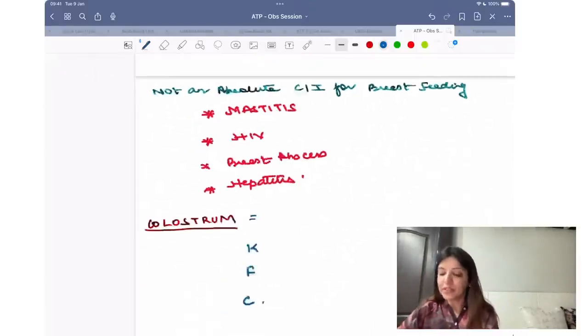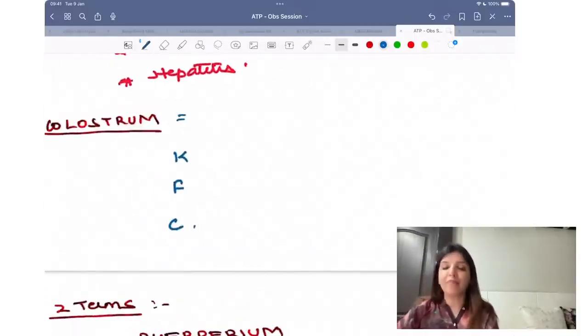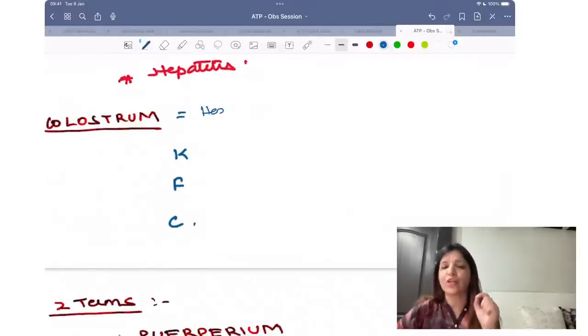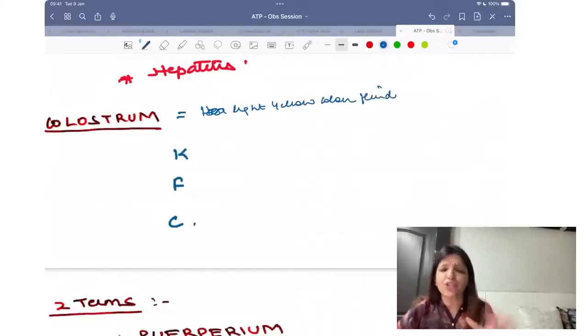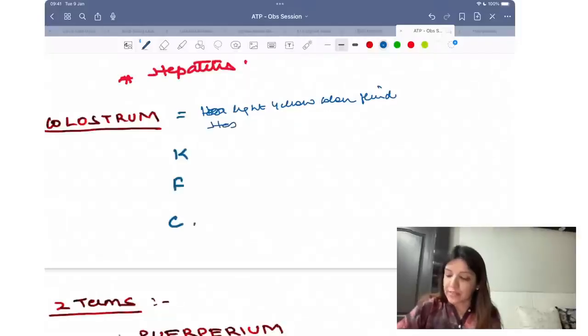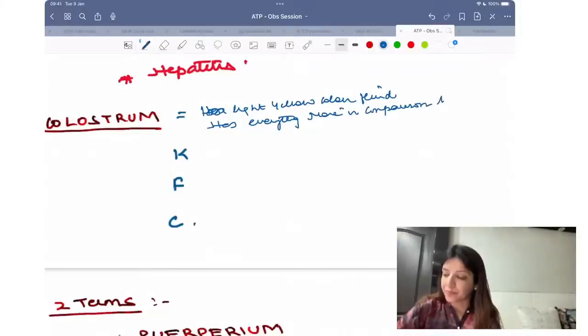Right? Okay. Then, colostrum. Colostrum has everything more. It's a yellowish colored liquid which comes out initially in the postpartum period. This is a light yellow color fluid, and it is rich in immunoglobulins. It has everything more in comparison to breast milk, except.